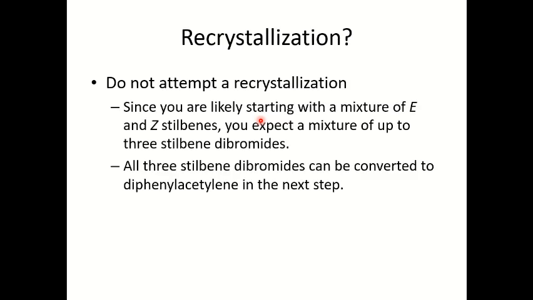Then you don't need to attempt recrystallization either, since you are likely starting with a mixture of E and Z. You expect a mixture as well, up to three stilbene dibromides, right? All three isomers can be converted to diphenylacetylene in the next step of the reaction.